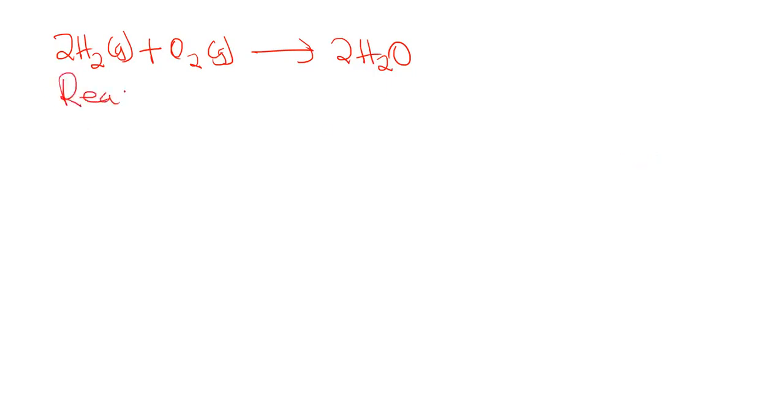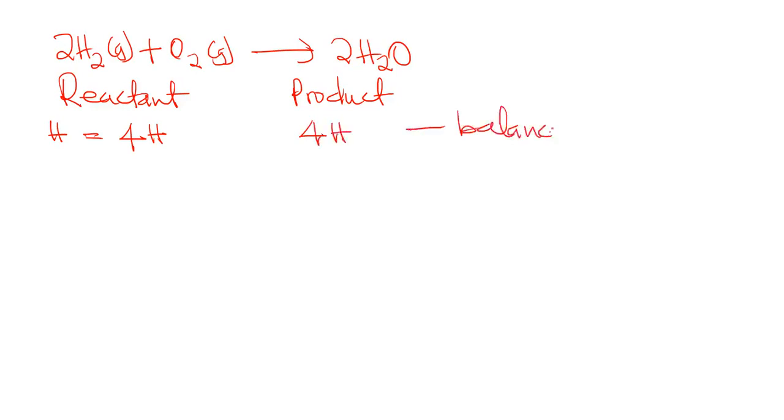So let's count all the atoms. On the reactant side, hydrogen, I have 4 hydrogen atoms. On the product side, hydrogen, I also have 4 hydrogen atoms. So this is balanced. Oxygen, on the reactant side, I have 2 oxygen atoms. On the product side, I have also 2 oxygen atoms.